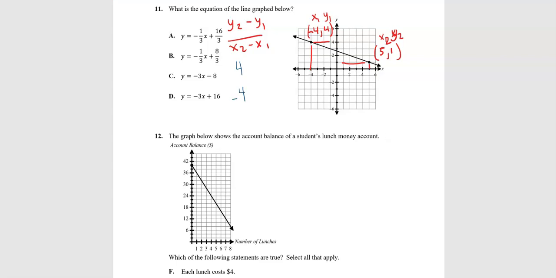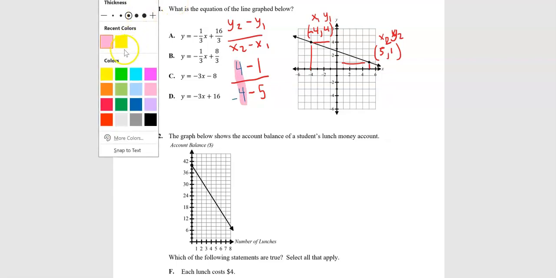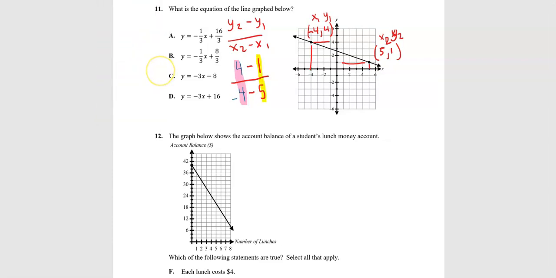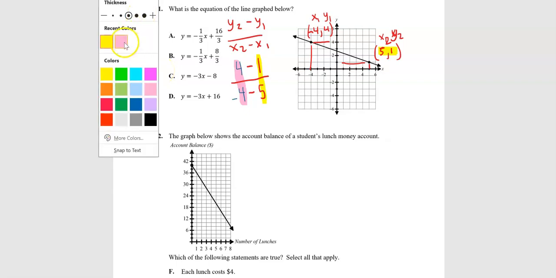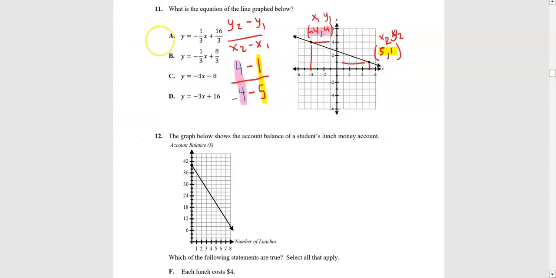Then over here I would have y2 and x2. As you can see with my color coding, on this side we have one point, and on the other side we have a different point. As long as those points stay like ratios, then you are fine.